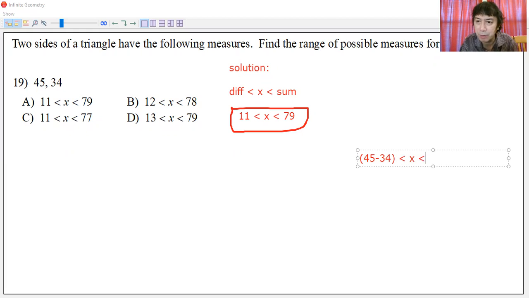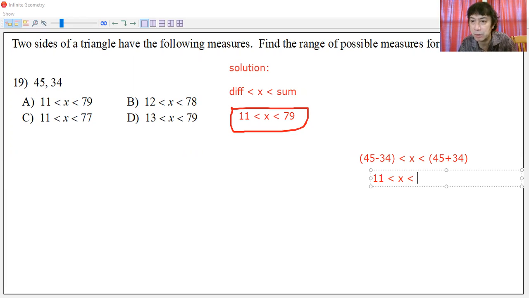And the other part there will be 45 plus 34. I hope you'll be able to follow this one. So this is 11. And 45 plus 34, that's 79. That's why this is the answer.